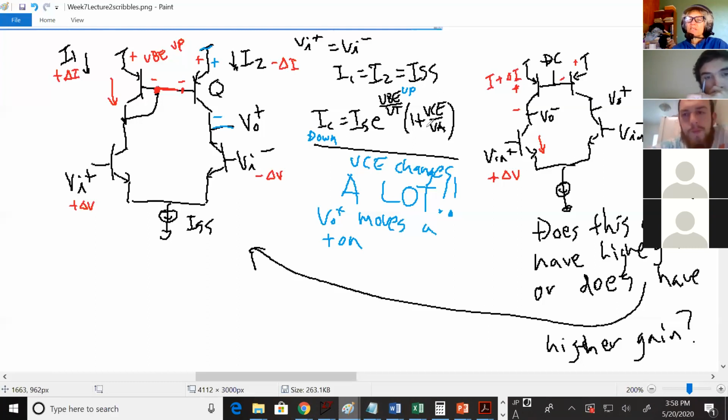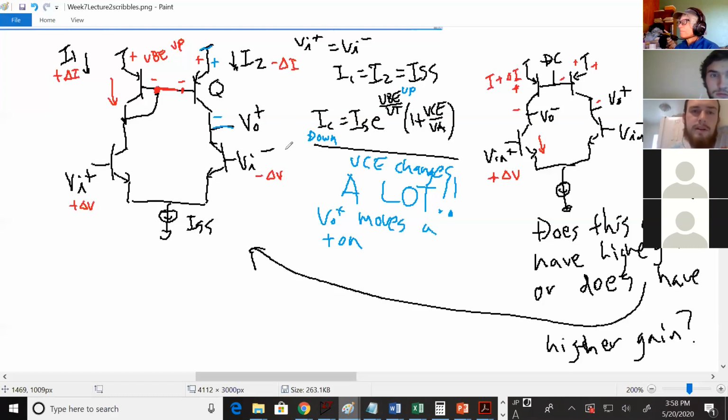And the question is, now on this side, does VCE change more or less than this circuit? Less. And why is it less than this circuit? VCE doesn't have to move as much in order to counteract a changing VBE.